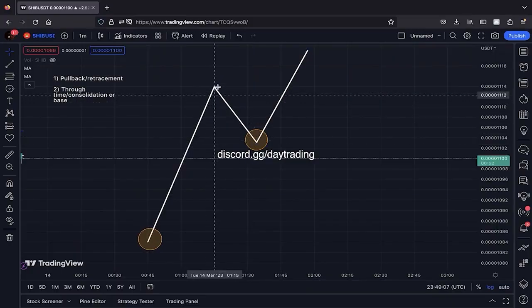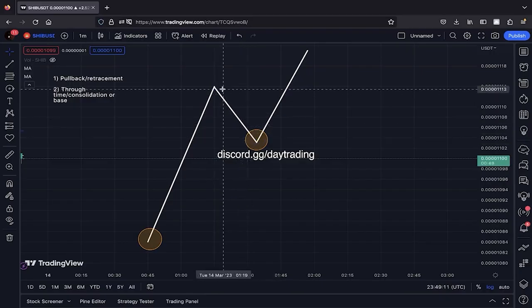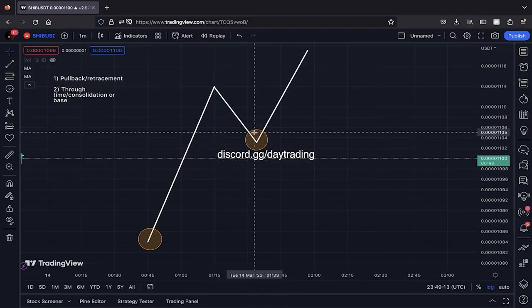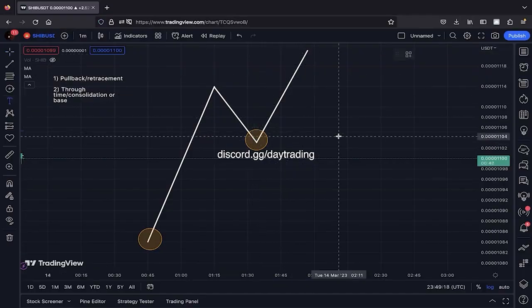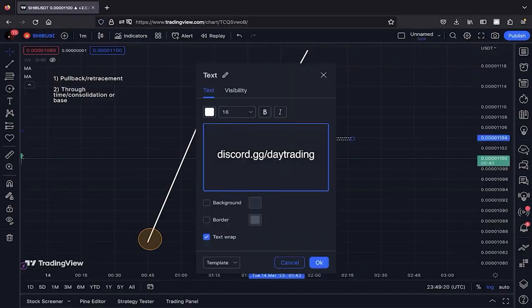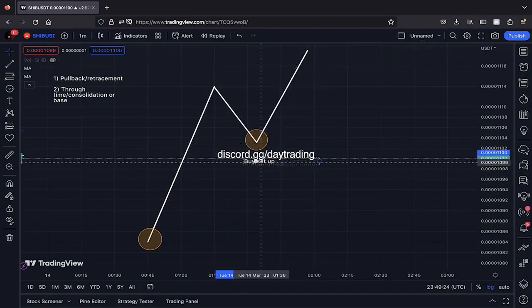Why? Our goal isn't to buy it at the highs, it's to buy it on the pullback, right? Because after you would assume that price has corrected itself, we're ready to continue higher again. This, my friends, is called a buy setup. Okay? This is a buy setup.